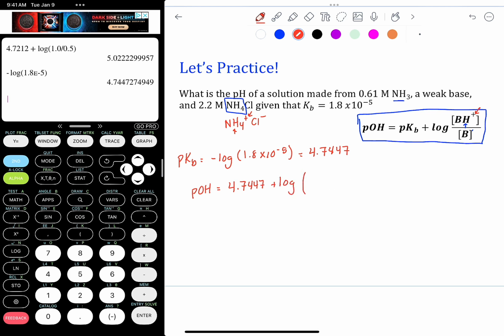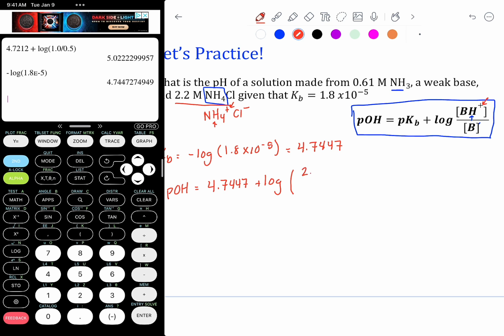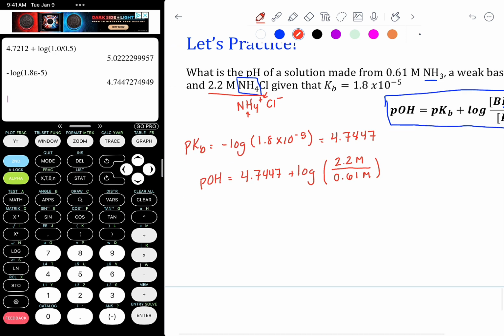of our conjugate acid concentration, so that's going to be the NH4Cl concentration, 2.2 molar, divided by our NH3 concentration of 0.61 molar. So now we can just solve for pOH.